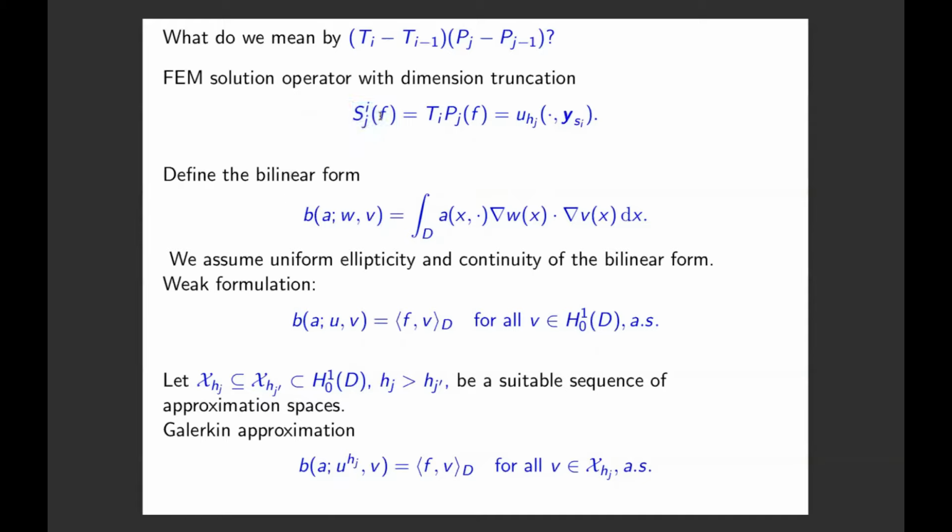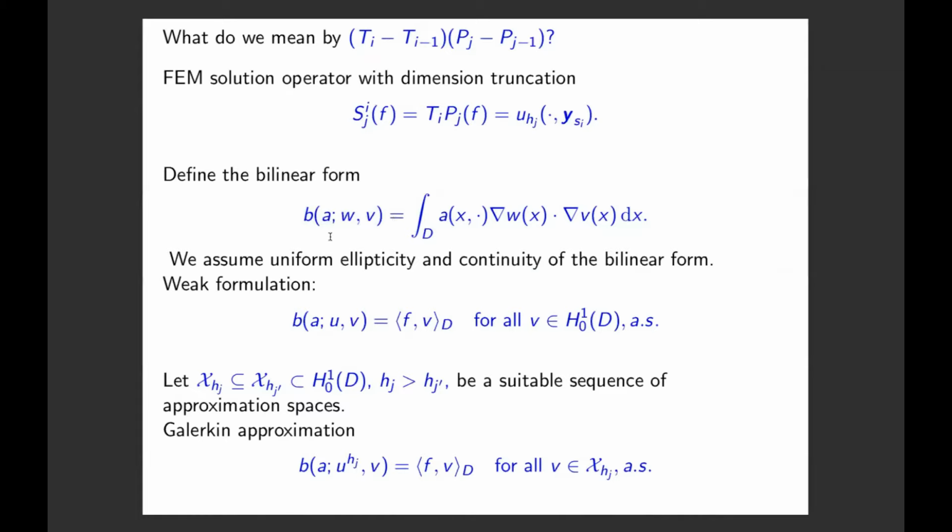Now, for the finite element method, we can first write the weak formulation. We define a bilinear form defined as it is here, where we have the diffusion coefficient A here. Now there's a number of assumptions which we need to make for the solution to exist and be unique.